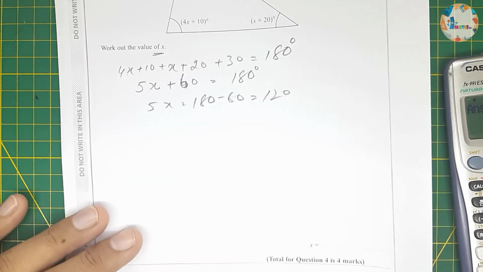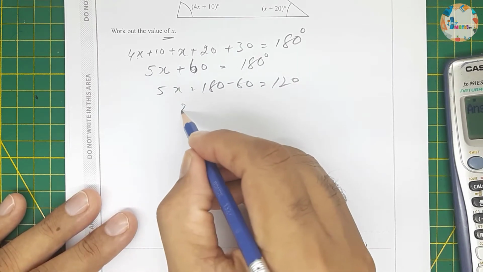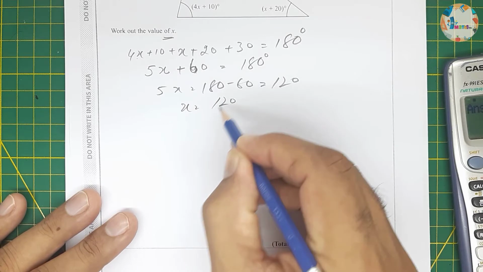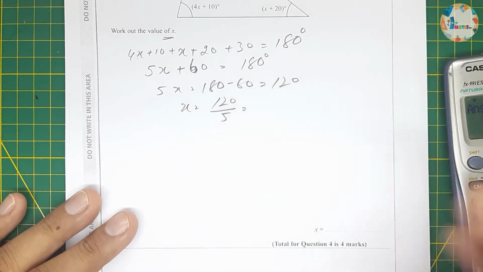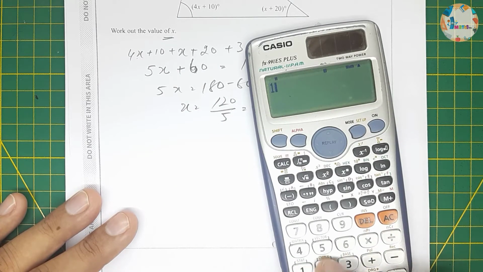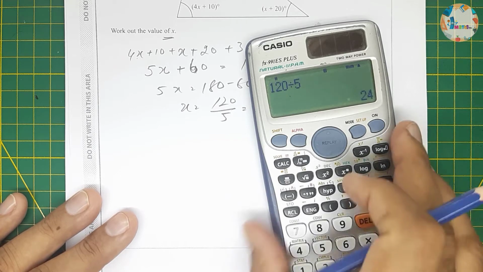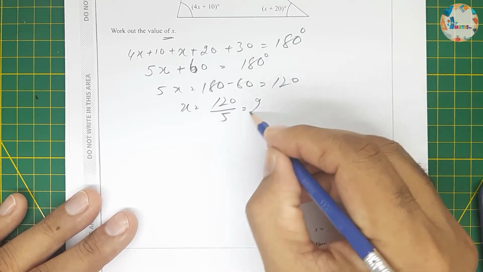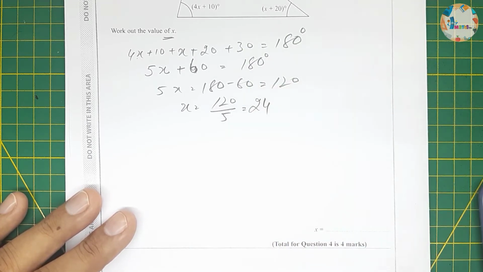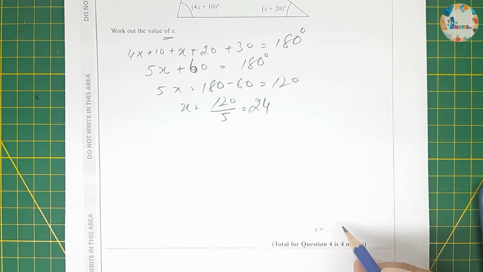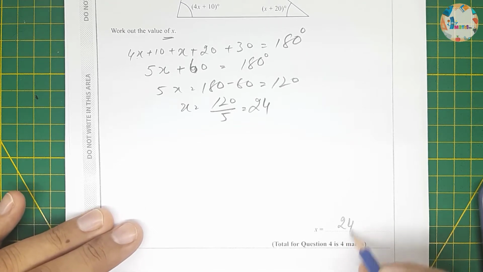Now we can write the value of x: x is equal to 120 divided by 5, and 120 divided by 5 is equal to 24. So the x value is 24. This is what we can write at the proper location. So the x value is basically 24 over here.